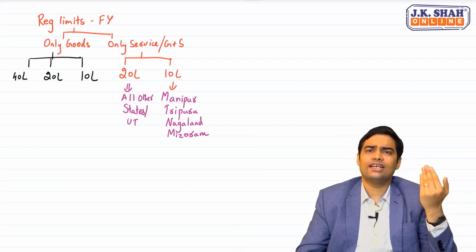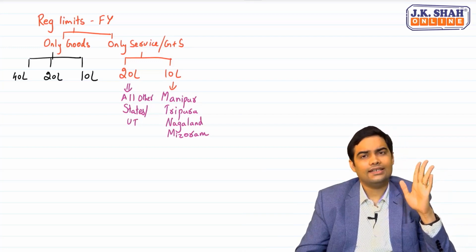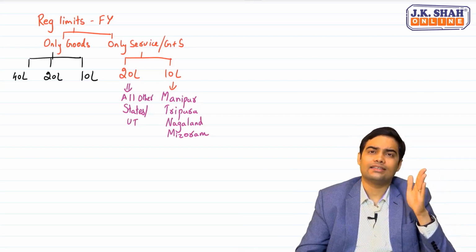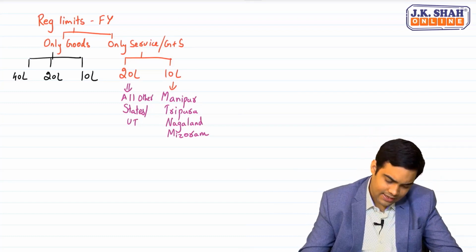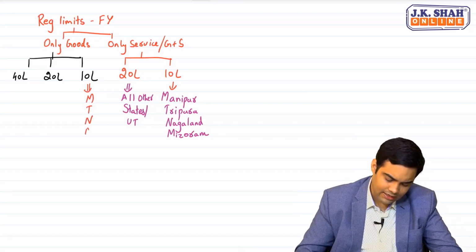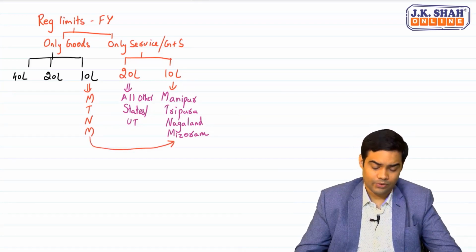But not every state agreed to this 40 lakh limit. So, let's see which states are covered in 20 and 10. 10 lakh is applicable for the same Manipur, Tripura, Nagaland, Mizoram, the same as for services or goods plus services.